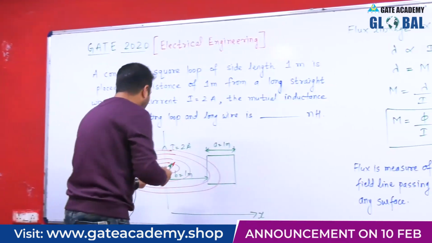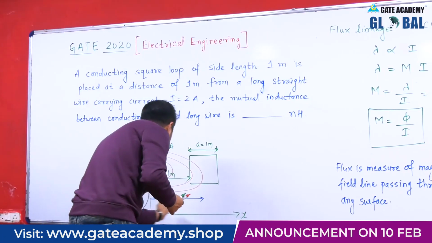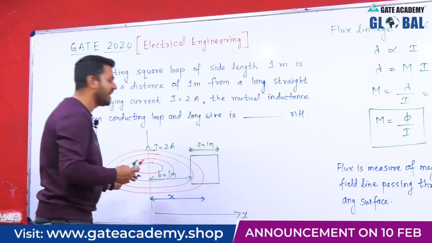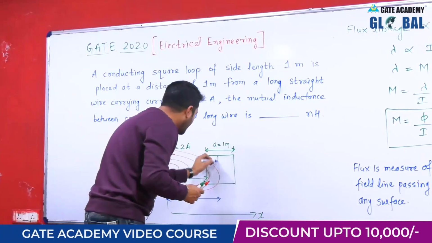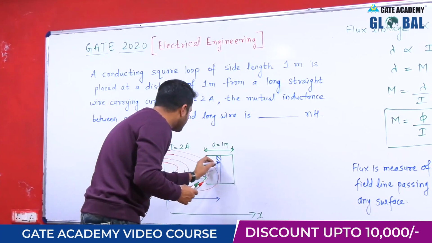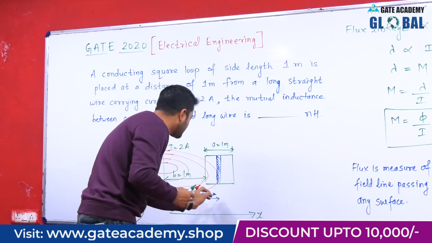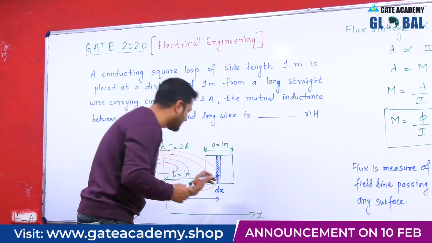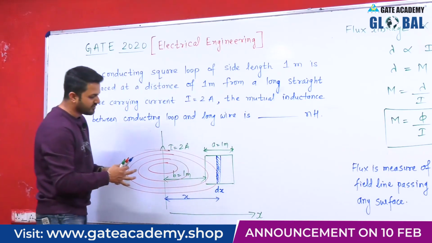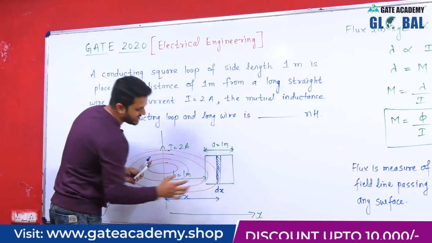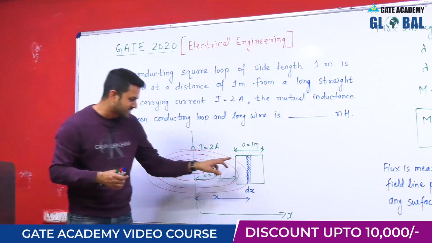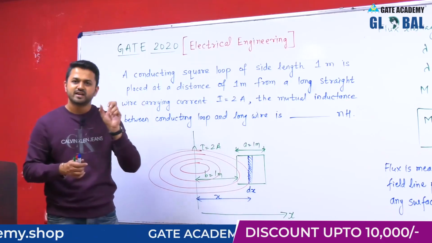So let us say at any distance x from the conducting wire, we have a small strip. This small strip is in the direction of x, so let's take it as dx. So we have the small strip dx, and we want to calculate the flux passing through this small strip.